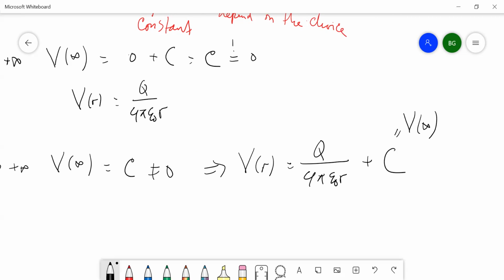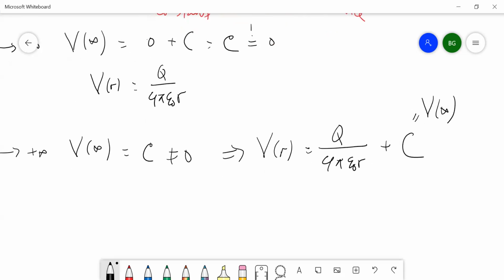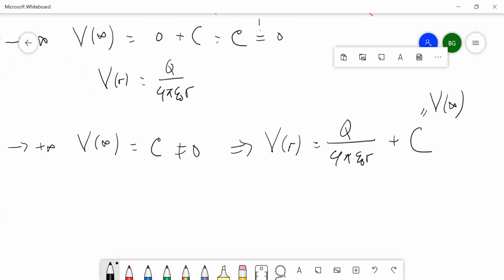Any question? So this constant, you can set anything. It's a real number from minus infinity to plus infinity.